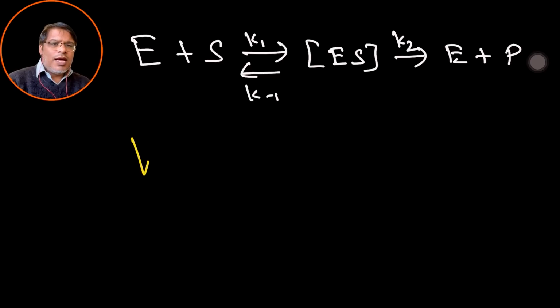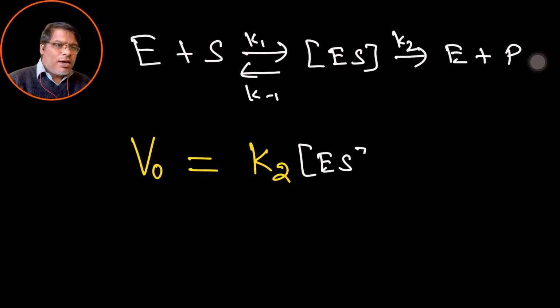Now we have to calculate the rate at which the enzyme is working, the rate at which the enzyme is converting substrate into product. The velocity can be calculated as K2 times the concentration of the enzyme substrate complex.